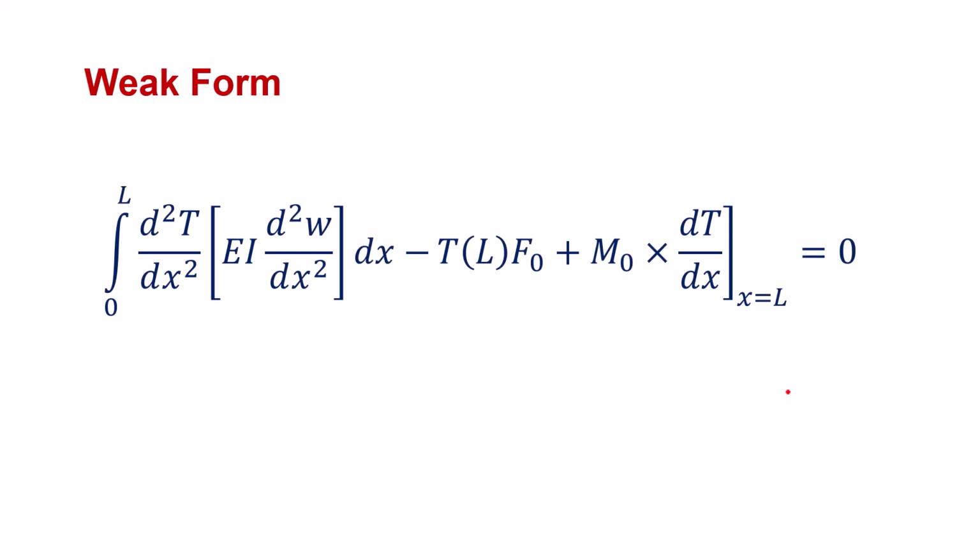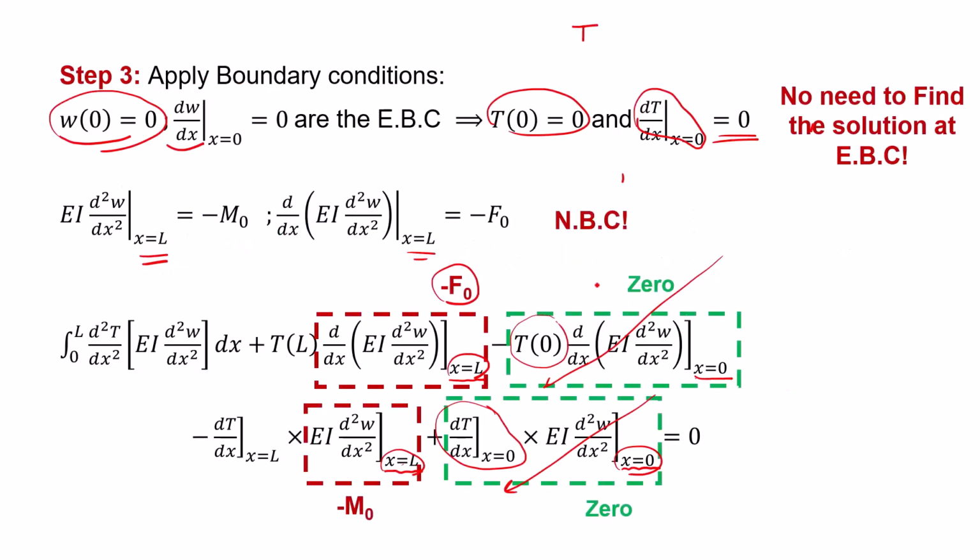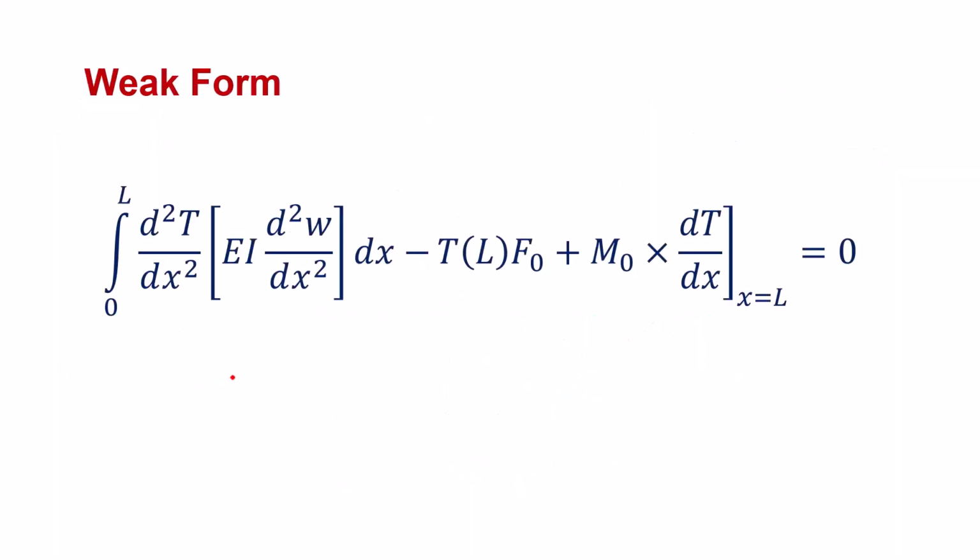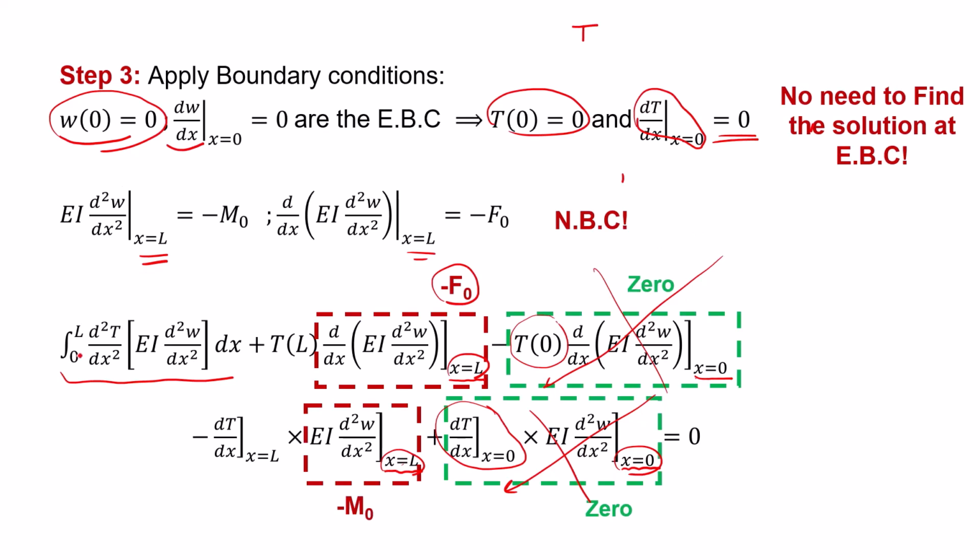So the final weak form, considering these cancellations and the integral we have here, would be this value. This is the integral that we have, and as you can see, from fourth order derivative we reach second order derivative by integration by parts twice.